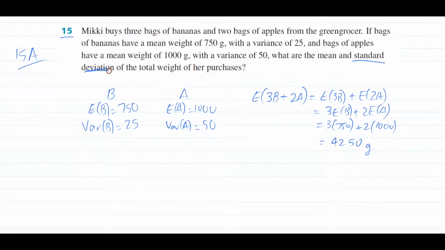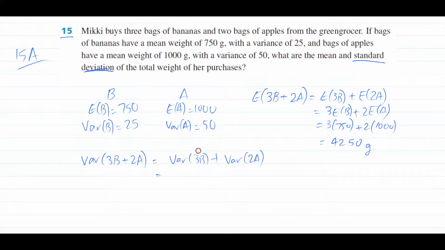Finding the standard deviation of the total weight of her purchases. Traditionally, to find standard deviation, you would need to find variance first. So we're going to do that. Variance of 3B plus 2A, that's her total purchases. What you might be thinking is, okay, I'm going to split this out into Var(3B) plus Var(2A).